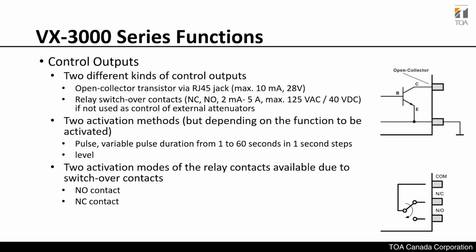As I mentioned, for control outputs, there's the open collector option, and there's also the relay. So you're not tied to one option or the other, and you don't need an external open collector to relay converter to have a properly isolated system.